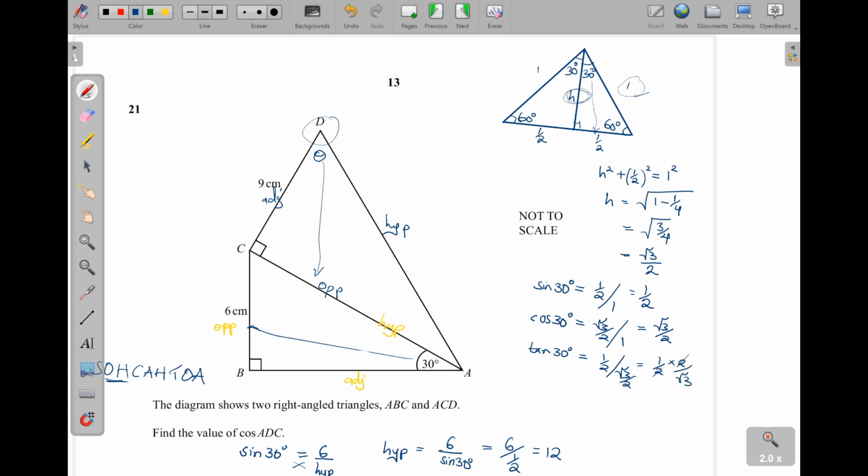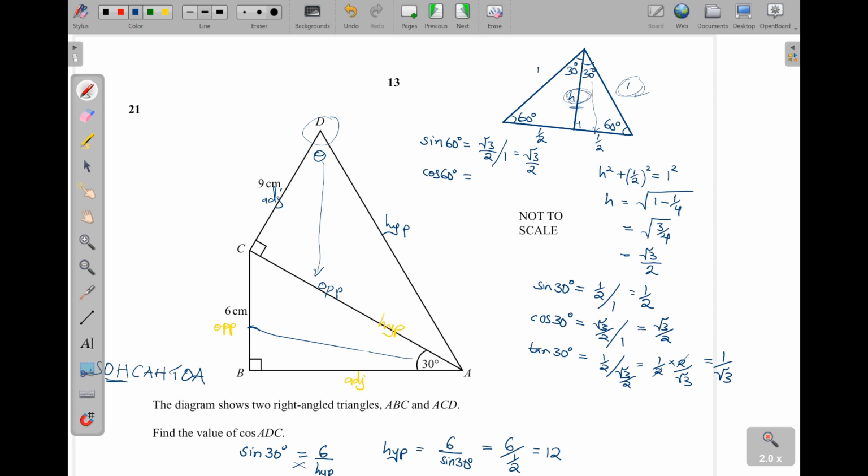The 2 can disappear, and then you get your answer as 1 over root 3. How about for the 60s? You can have sine of 60. Now the opposite is the h, which is root 3 over 2, and then divide by the hypotenuse, which is 1. So we have root 3 over 2. And then cos of 60.